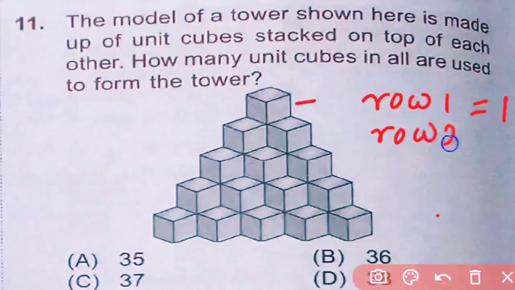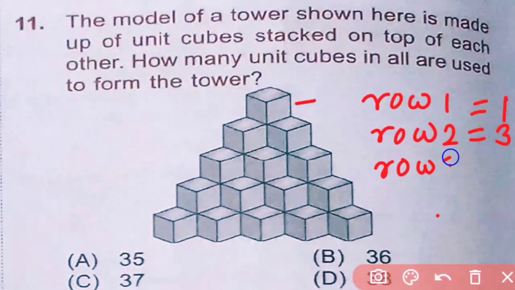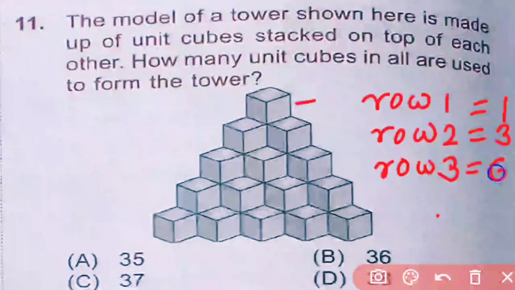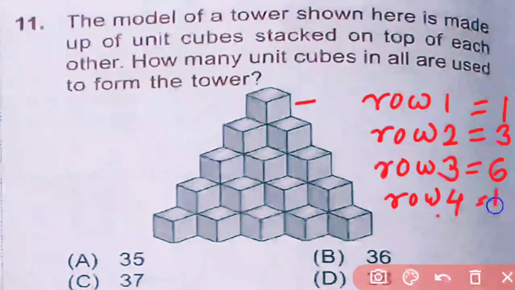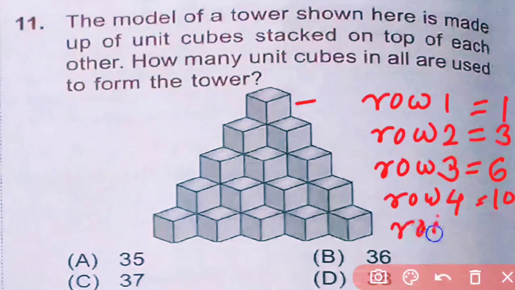Number of cubes in row 2, there are 3. 2 front side, 1 back side. Number of cubes in row 3, there are 6. These 3 and back side 3. Then the number of cubes in row 4 is 10. And row 5, there are 15 cubes. So total 35 cubes are there.